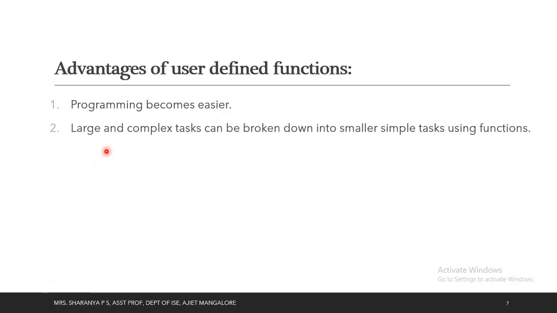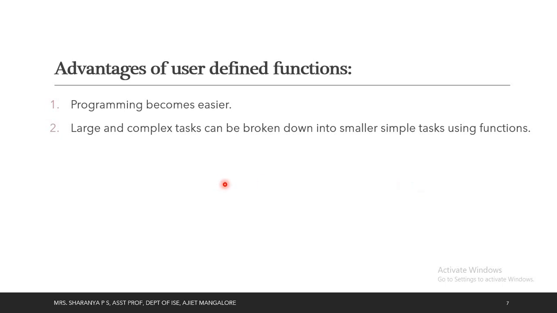And one more, a large and complex task can be broken down into smaller and simpler tasks using functions. Like if we want to perform a read operation, we write a separate function, for the display we write a separate function, and for the computation we write a separate function, and wherever it is required it will be called.